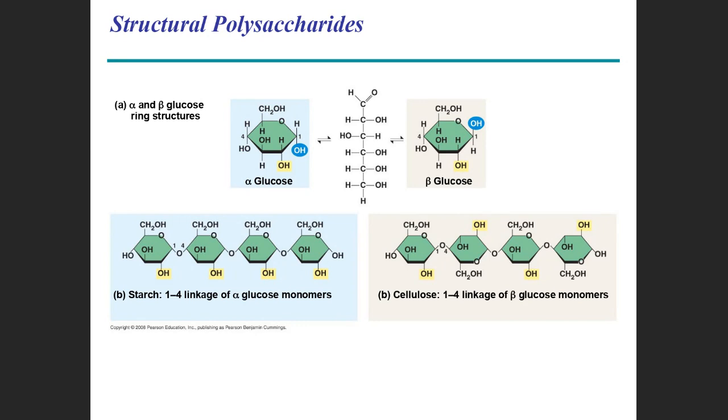Notice that in this molecule here, all the OHs are on the bottom, but in cellulose, they alternate. So the enzyme amylase, it can easily wrap around and cut the bonds between the glucoses in starch and glycogen. It cannot wrap around and break the bonds in cellulose because the OH groups, the hydroxyl groups, are in the way.